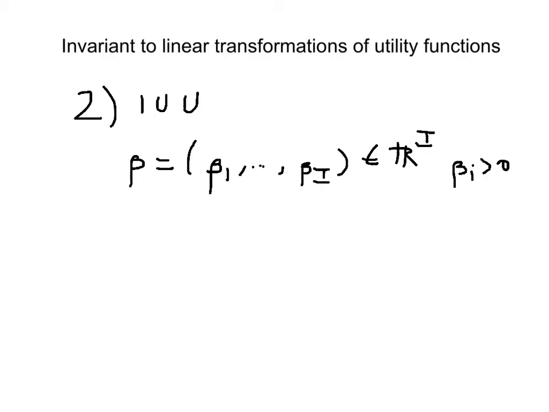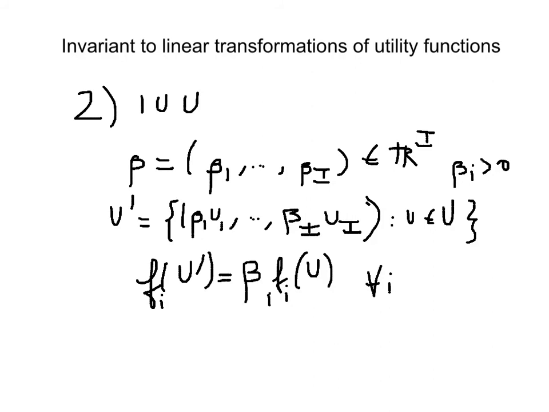We can redefine a U prime, which is the new utility possibility set where the utility of each party has been multiplied by some number, beta 1 through beta I. So the utils which are employed to measure the utility of each person are being multiplied by some factor, some beta, but the solution is not influenced by the change in this measurement unit. And this is true for each person in this bargaining process.